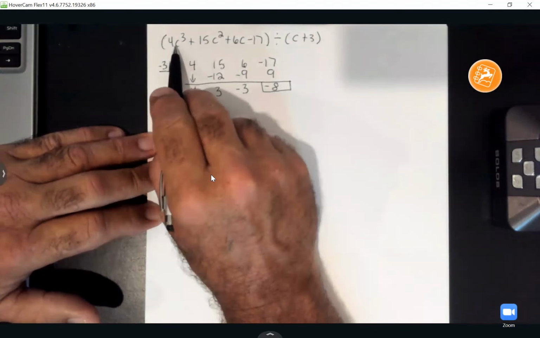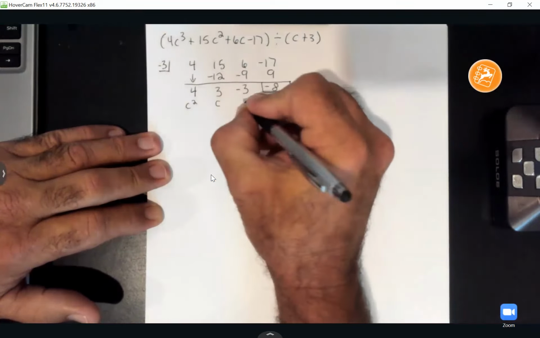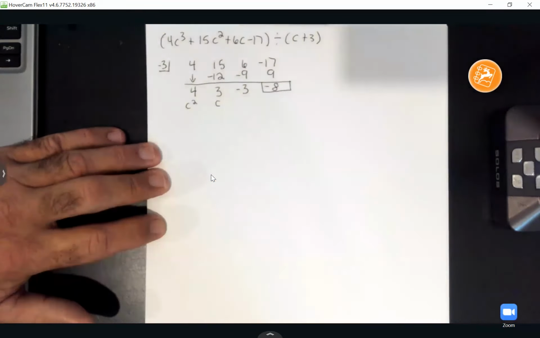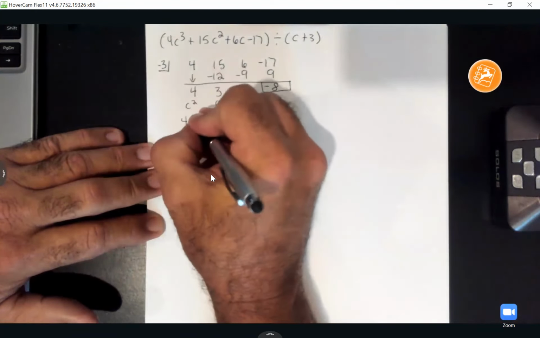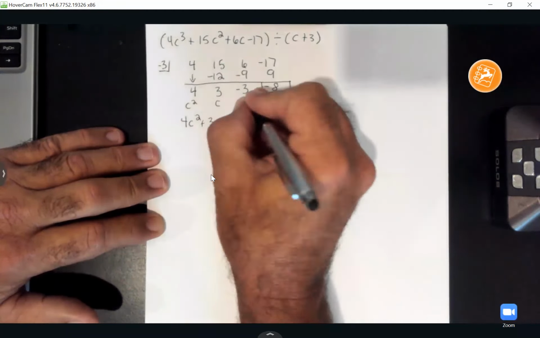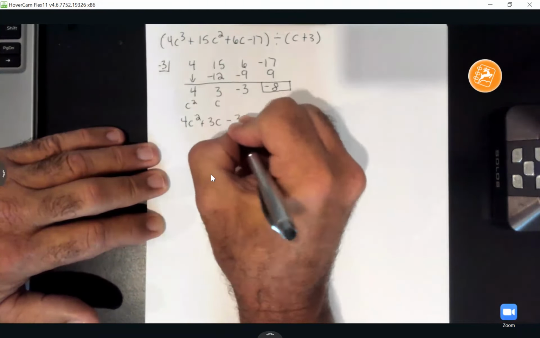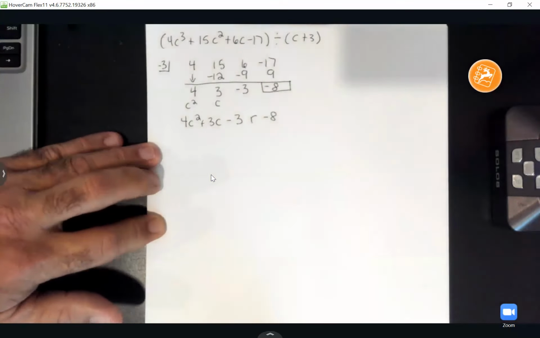So 1 degree less means this one starts at a C squared, then my C, then my number. So y'all, I now have 4C squared plus 3C minus 3, and our remainder is a negative 8.